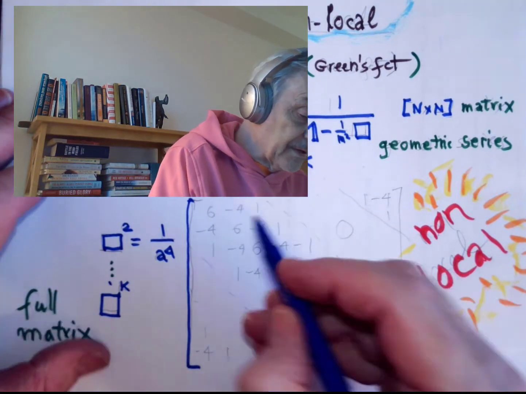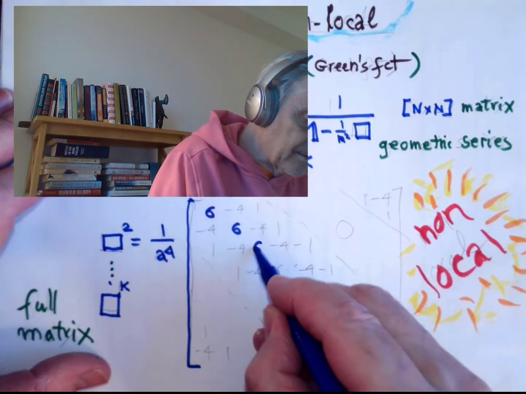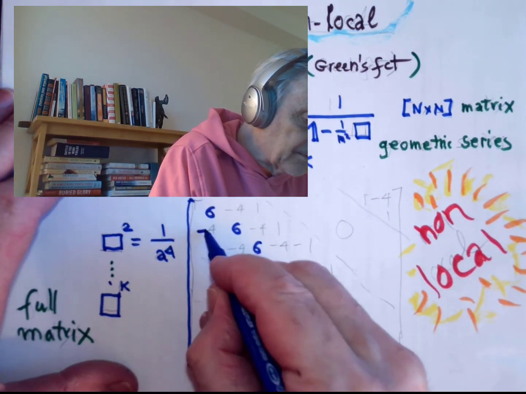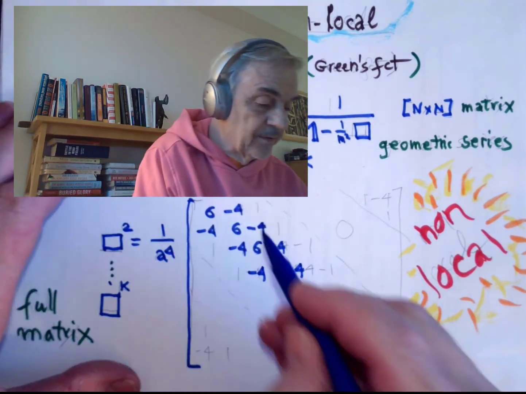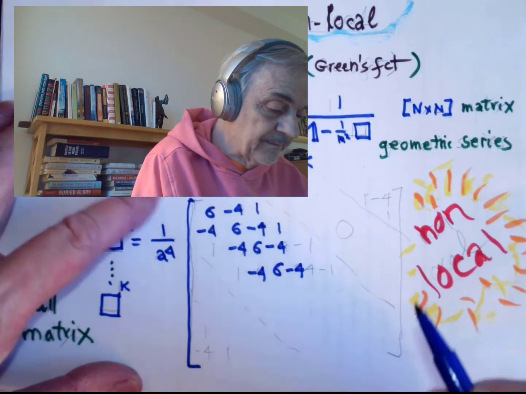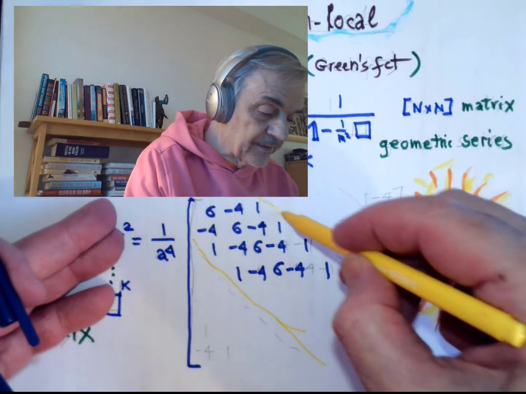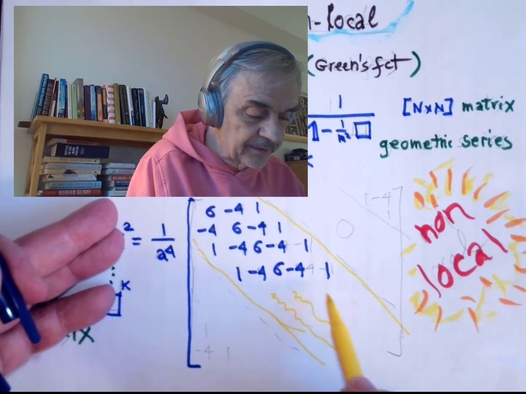So it turns out to have 6's on the main diagonal, minus 4's just off it. Then you have 1's 2 diagonals away. And so it marches on. So there are these 3 diagonals below, including the central one.